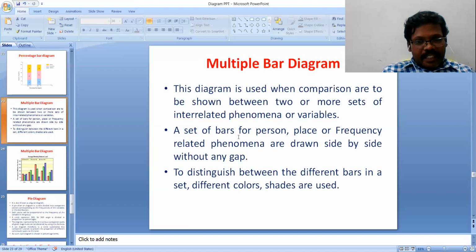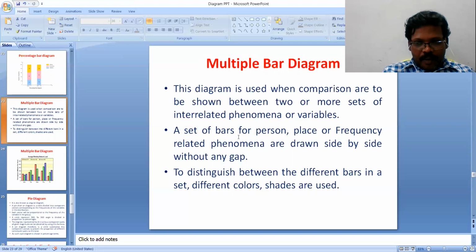It is a set of bars for person, place, or frequency related to phenomena, drawn side by side without any gap.